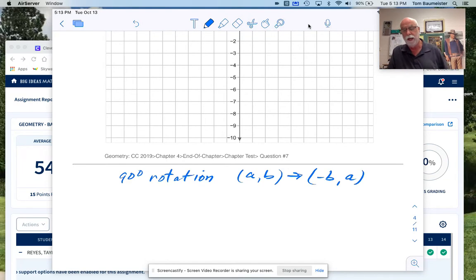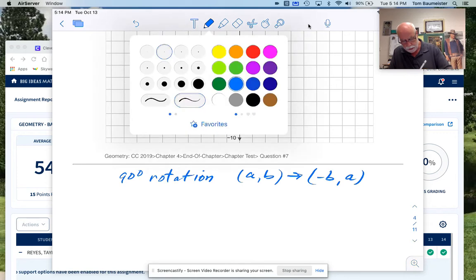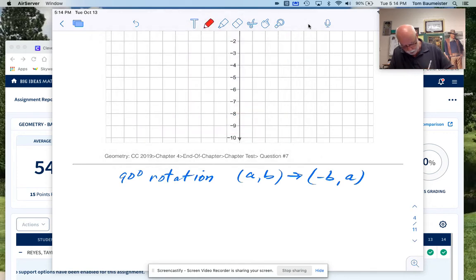You're going to have B and negative A. Okay, so on this one here, when we had A, and our A was at 6 and 5, we are going to make it be A prime, and that will be negative 5 and 6.